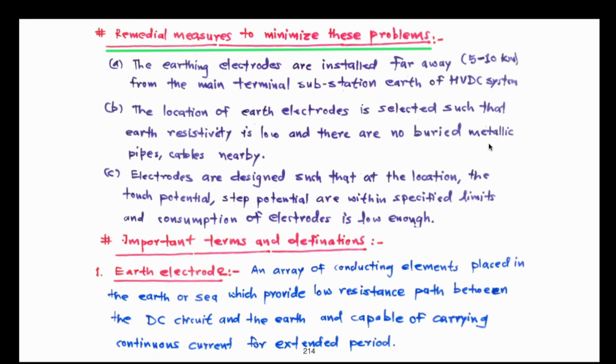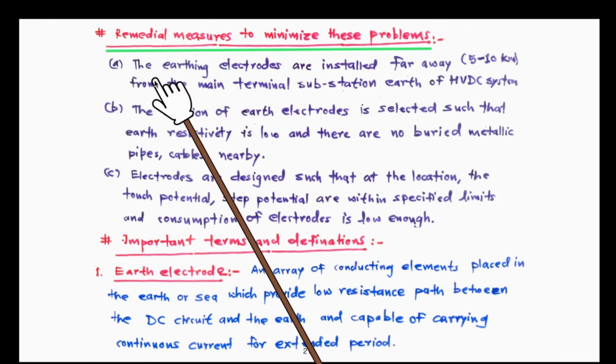So the remedial measures: we know that it offers the advantage of increasing reliability of power transfer in HVDC scheme, but there are some disadvantages like corrosion, communication interference, consumption of material and so on. But is it possible to minimize these disadvantages or these problems? Yes, it is possible. So how to minimize this?